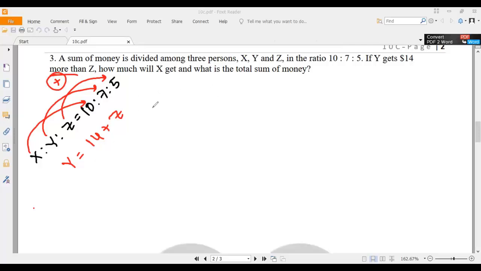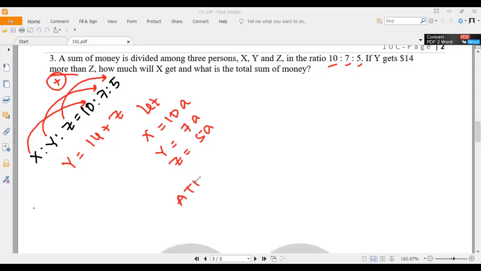So by using the algebraic method, we can say let X get 10A, Y will get 7A, and Z will get 5A. Here we are using a constant value for each ratio term. Now, Y is 7A.